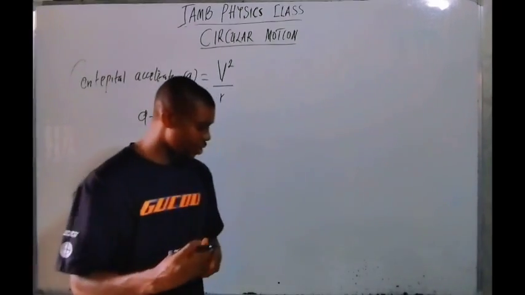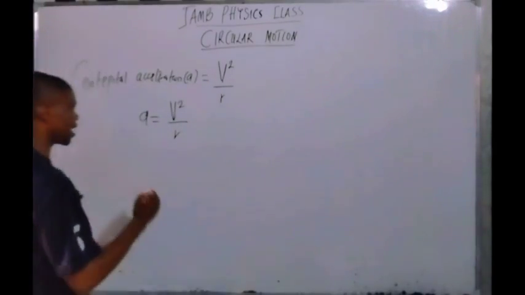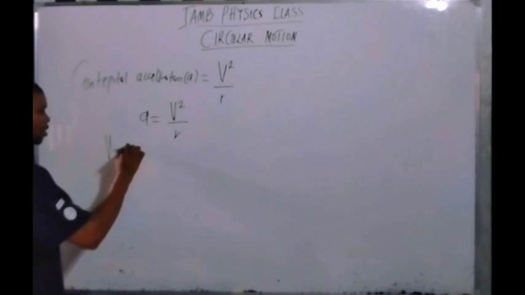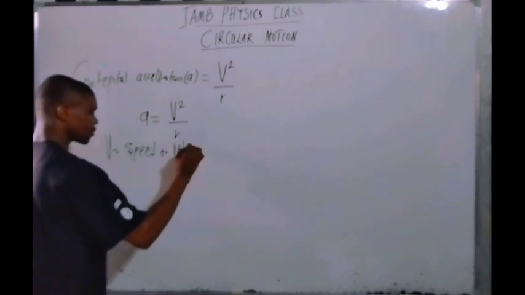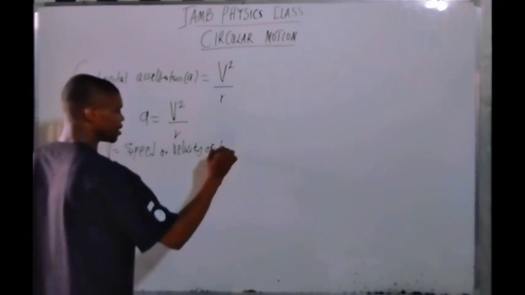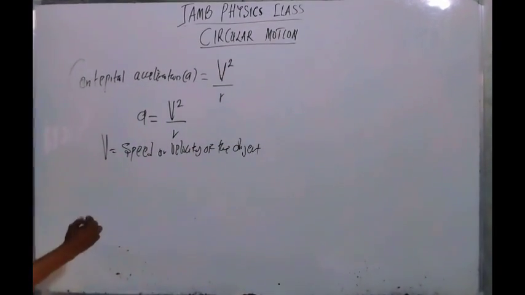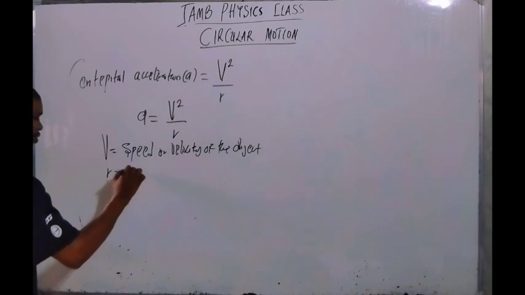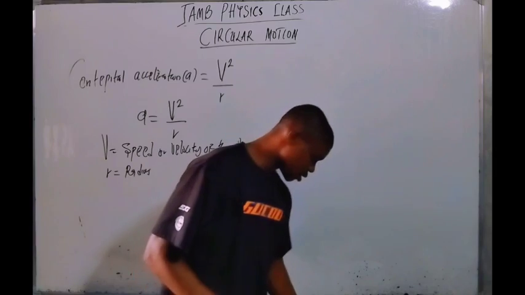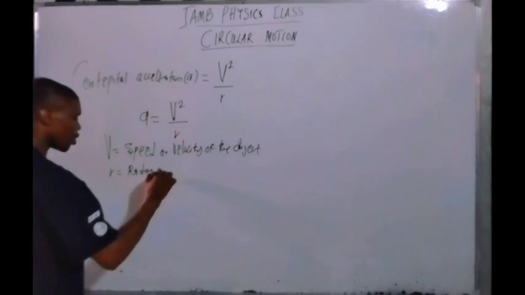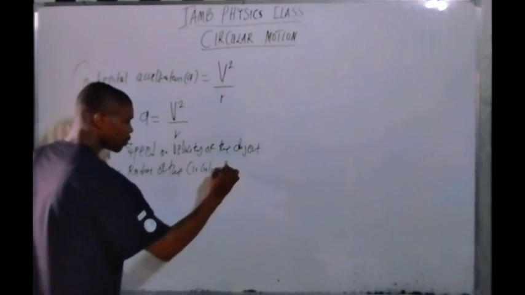Now, after centripetal acceleration, we have centripetal force. Let me define the terms here. v is equal to the speed or velocity of the object moving in a circular path. r is the radius of the circular path.